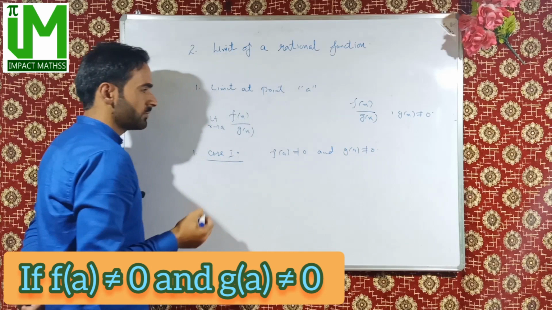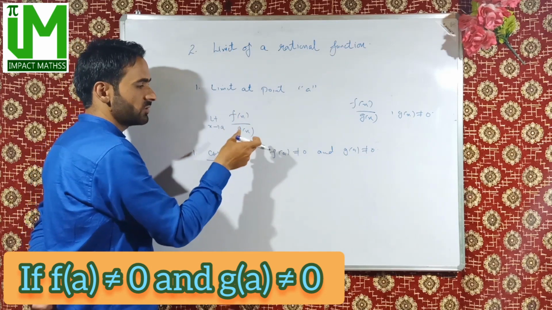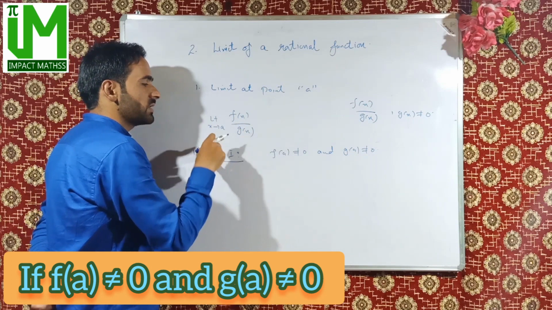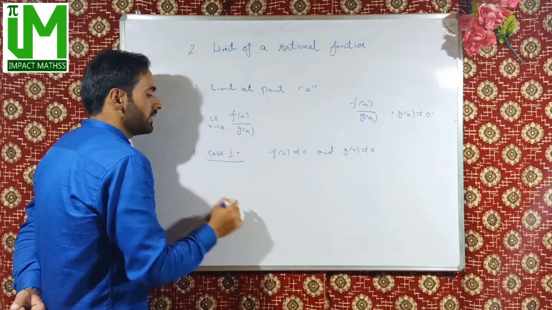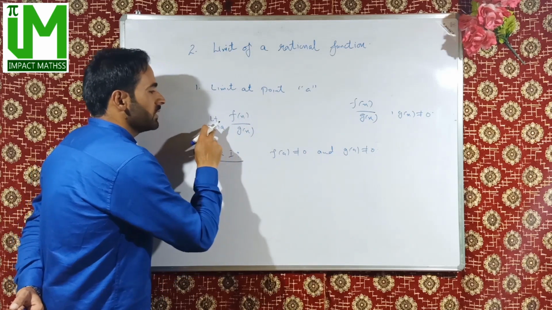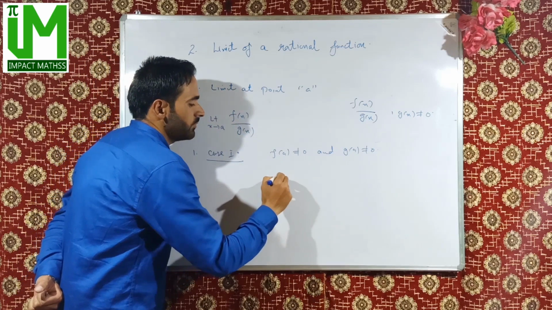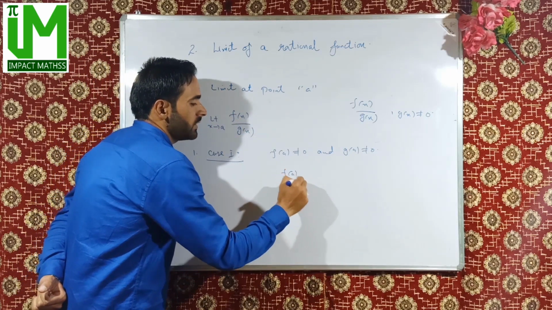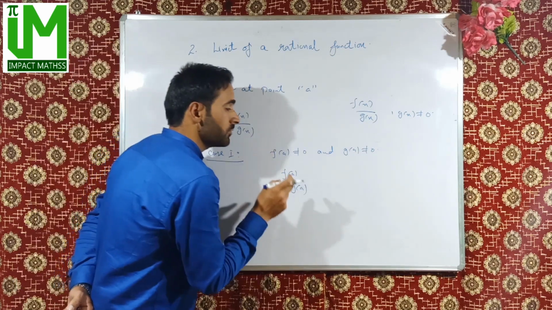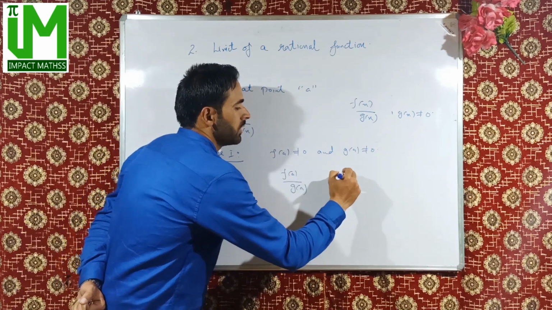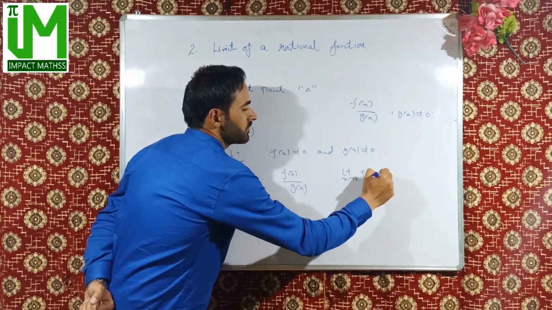So in case first, if f of x at x is equal to a and g of x at x is equal to a are not equal to 0, then limit of this rational function f of x divided by g of x will be f of a divided by g of a, because from the previous slide we know limit x tends to a of f of x is equal to f of a.